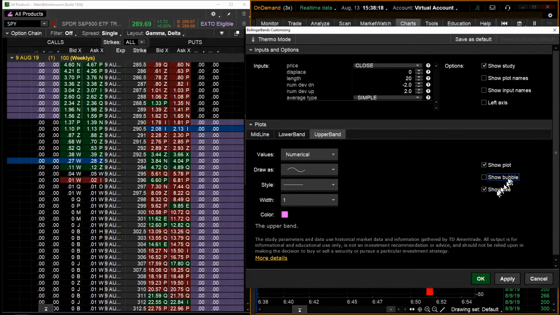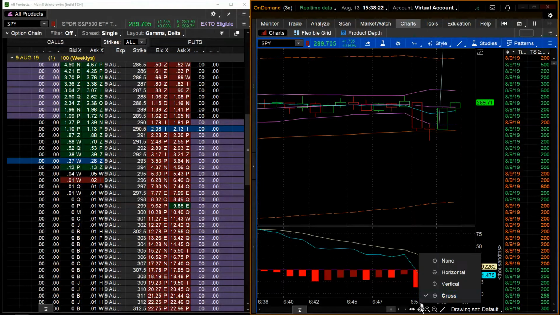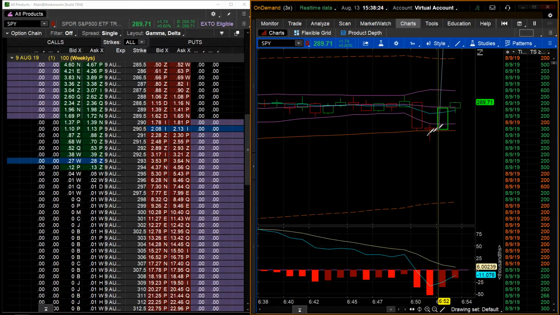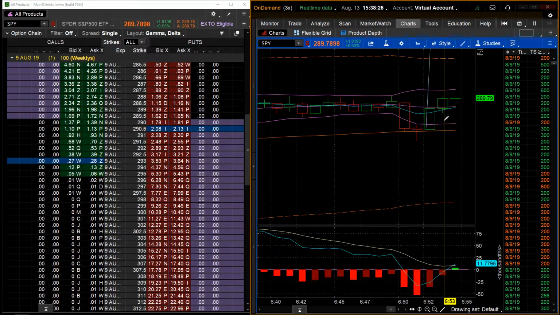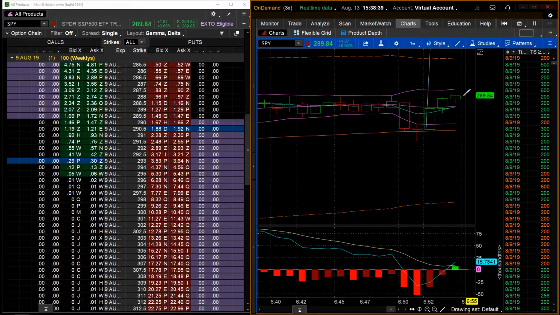Turn them off. There we go. That's even better. Okay. All right, so got in at 25. I think that was the make believe price entry. So we can see that this 293 strike price is already upticking as the stock is going up. At the same time, the puts are down ticking.